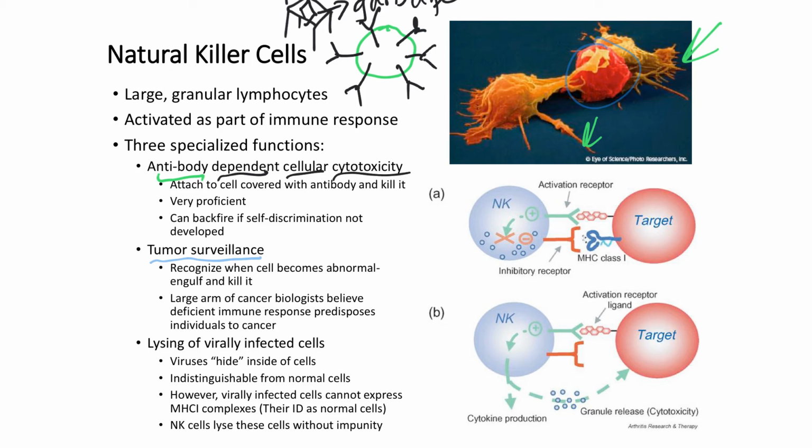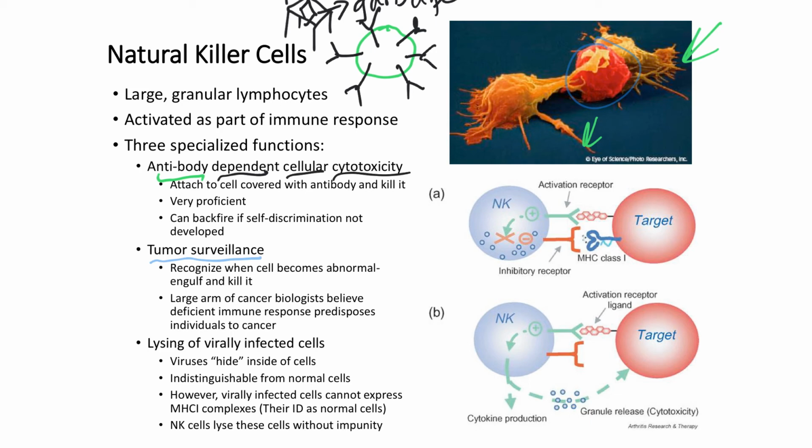There is a large arm of individuals who believe that cancers in general are a product of a malfunctioning immune system. And that is a very well-supported theory now and lays the framework for the immune research that is going on at many cancer institutes.